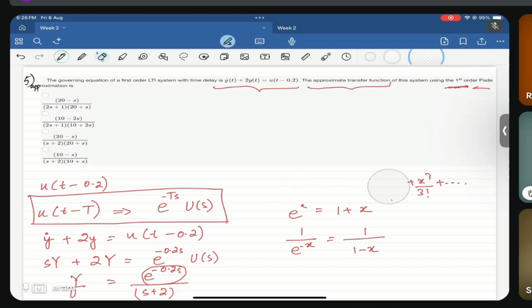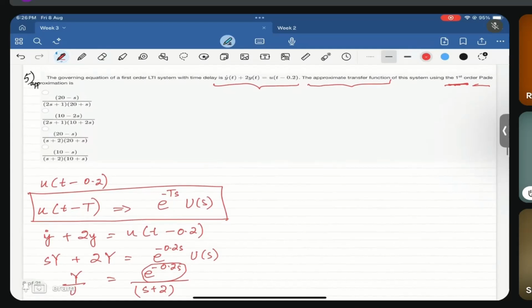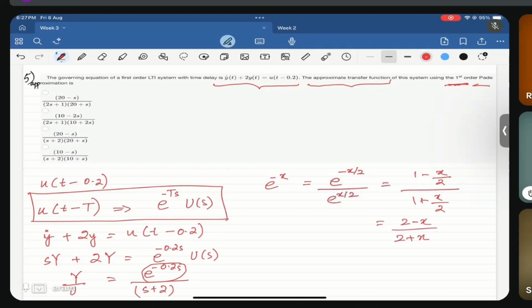Now if you have e to the power minus x, we can write it as e to the power minus x by 2 and e to the power x by 2. Yes. So this expansion is 1 minus x by 2 and this expansion is 1 plus x by 2. So it is basically 2 minus x by 2 plus x.